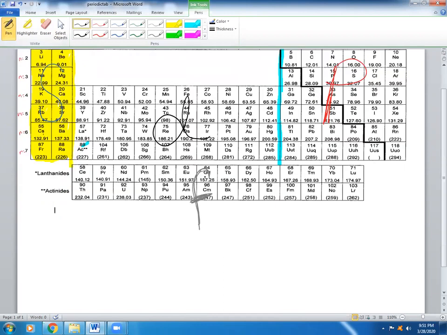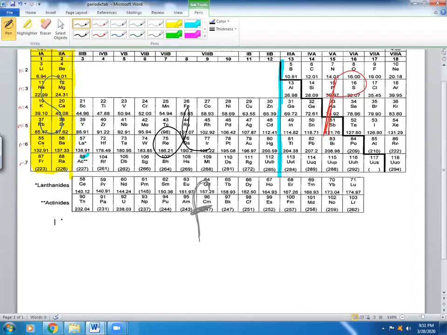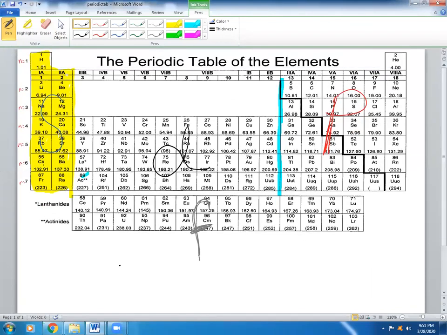Okay, let's begin with the simplest element, which is hydrogen. So here's how I do hydrogen. Now be prepared to write big.